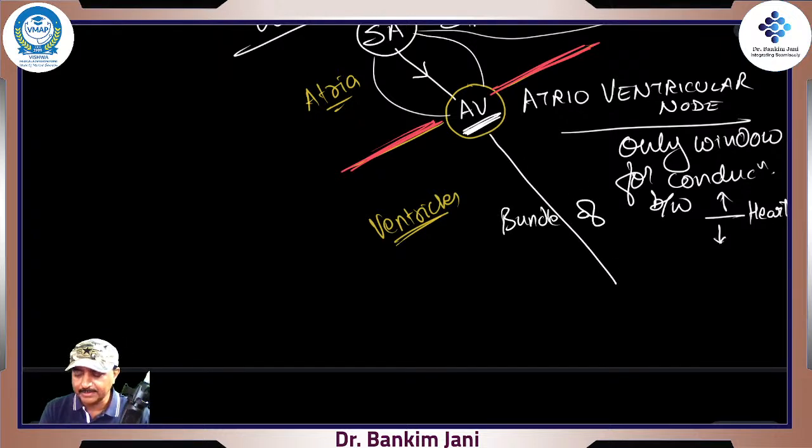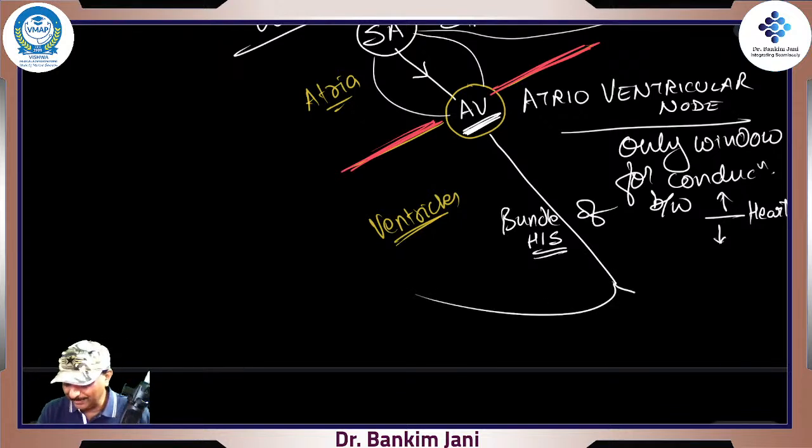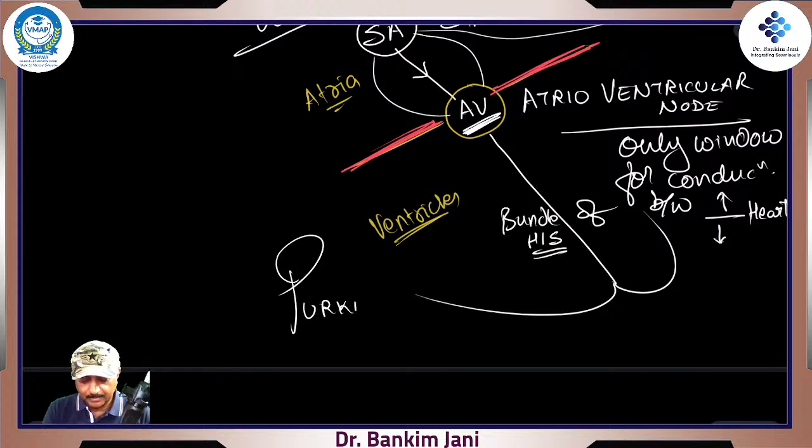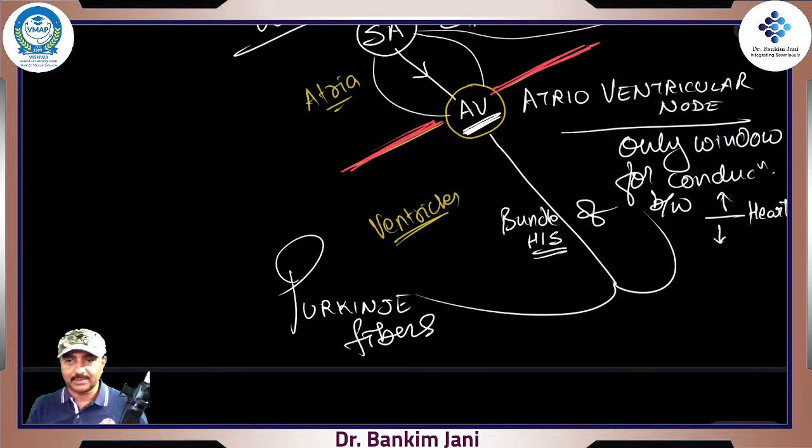From the lower part, there is the bundle of His. I am writing His in capital, reminding you that there is nothing like bundle of Her; His is a name. And then we have the Purkinje fibers. This is all a neural structure, where the conduction goes on.